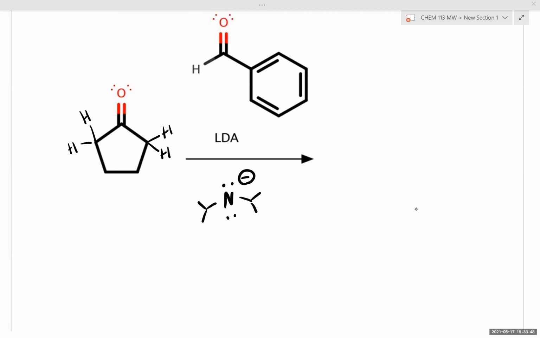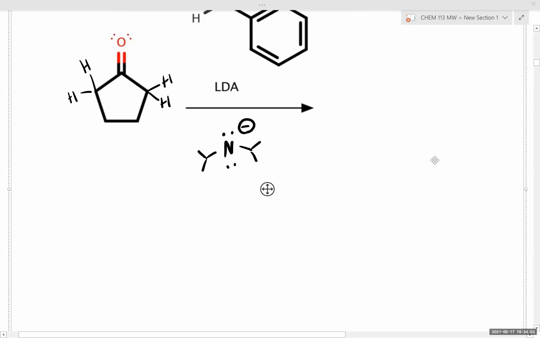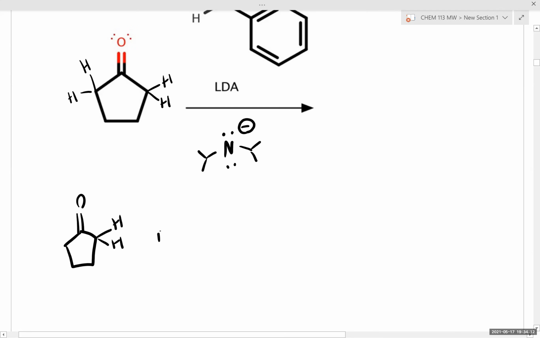So what will happen first? We'll pull off an alpha proton and we'll be able to generate our enolate. So the alpha protons are acidic.